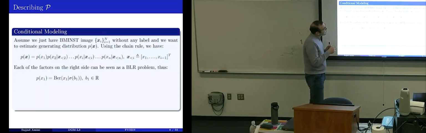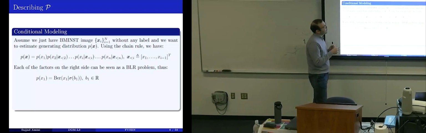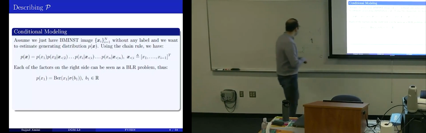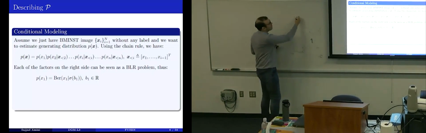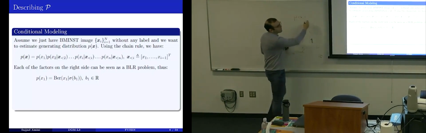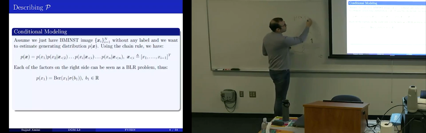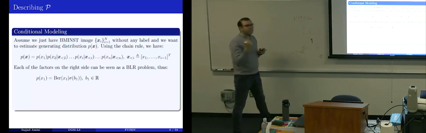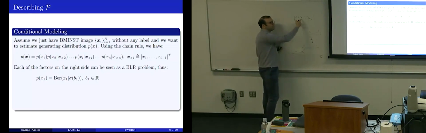Let's focus on one of these distributions. What do you see here? For example, this one. What is this problem? P of x_i given the vector, I emphasize with this underline that this is a vector, x less than i. What is this problem? You want to estimate a distribution over a binary random variable.